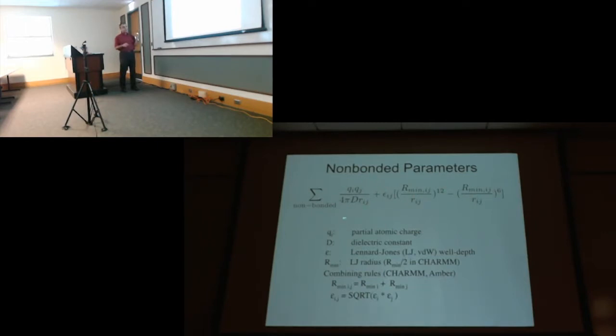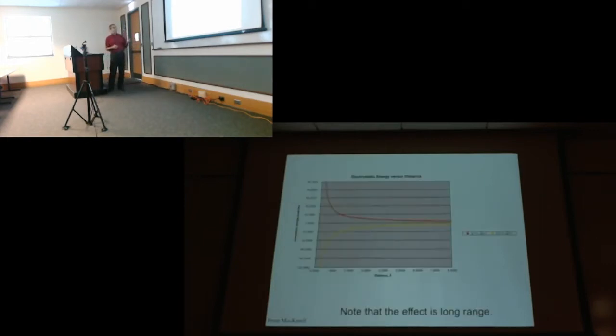For electrostatics, it was recognized that this is not a very good approximation. And there has been development like PME, particle mesh Ewald, that allows you to calculate electrostatic forces without any cutoff. So that's the reason.